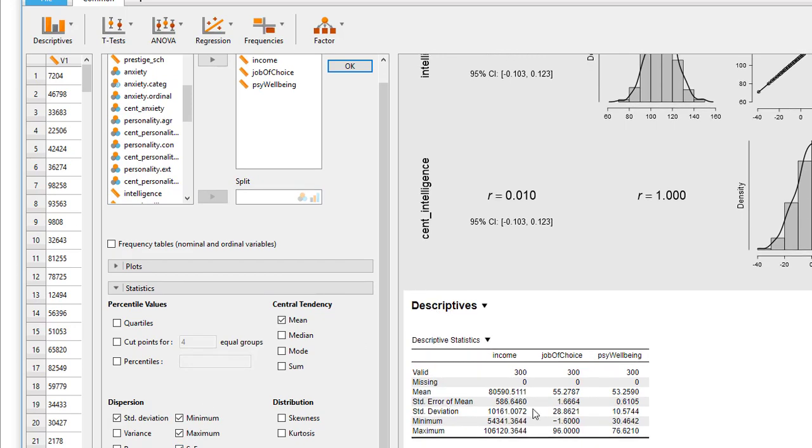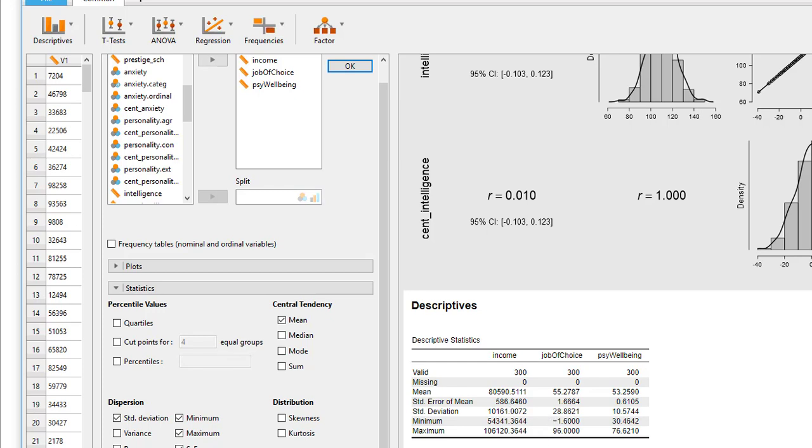And when we got the standard error of the mean, now we can manually get the confidence interval. So for each variable, we've got the standard error of the mean. We multiply these values by 1.96, and in order to get the lower bound, we subtract 1.96 times this value from the mean, and that's the lower bound, and 1.96 times this value, we add that to the mean, and that's the upper bound.